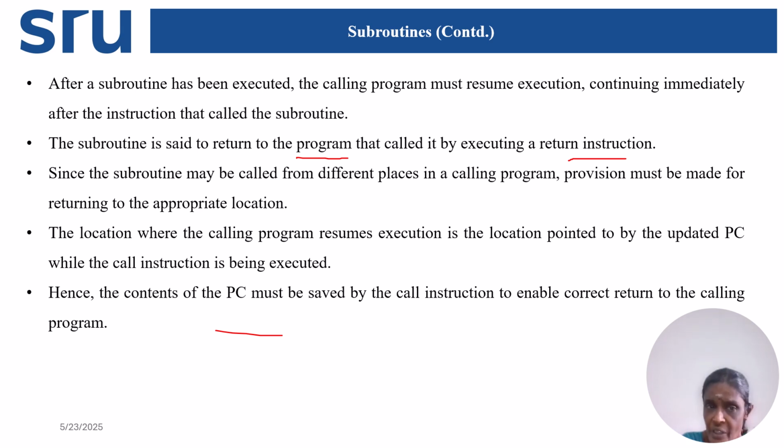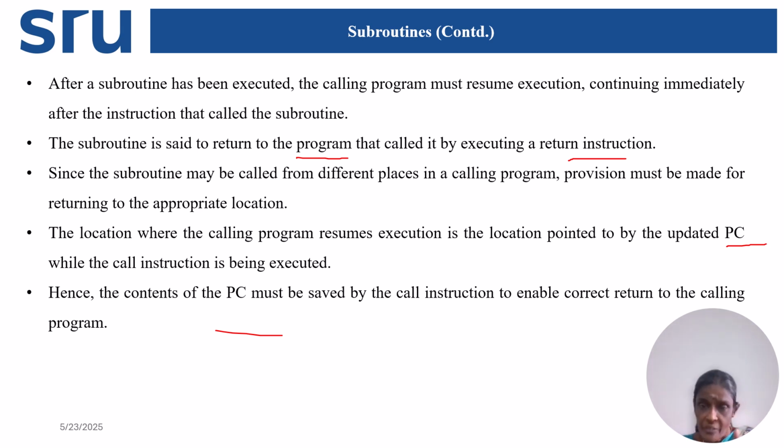The location where the calling program resumes execution is the location pointed out by the abbreviation PC. So, what is the main function performed by the program counter? The program counter is nothing but a register. It stores data, and the content the program counter holds is the address of the next instruction.